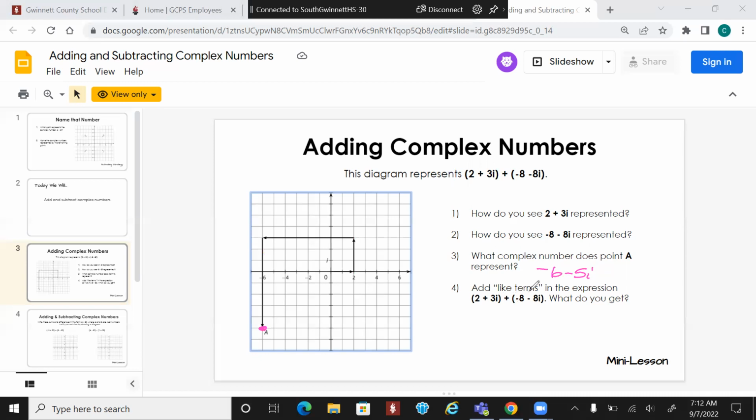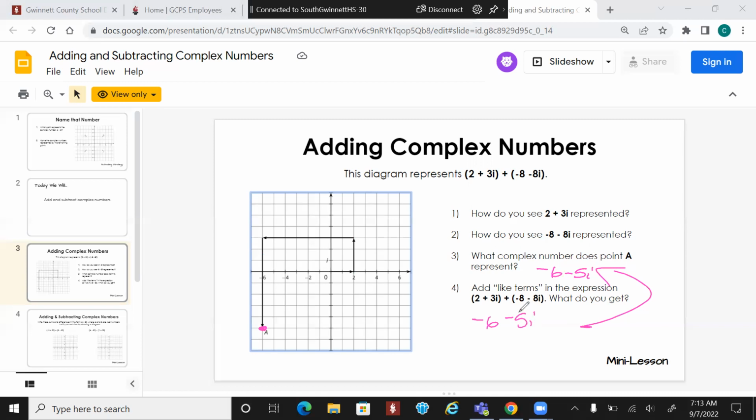So if we add like terms in this expression, what do we get? We'll take 2 and subtract -8. I'm sorry, subtract 8. So what's 2 minus 8? -6. And then what's 3i minus 8i? -5i. Look at how those two things match up. You see it?